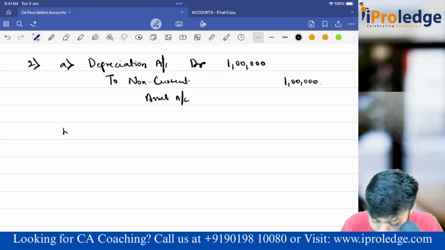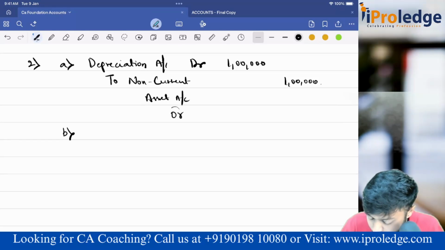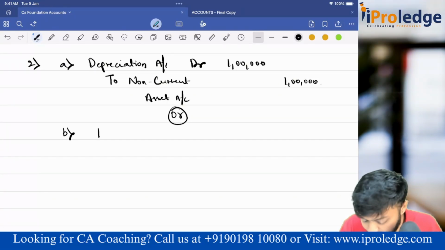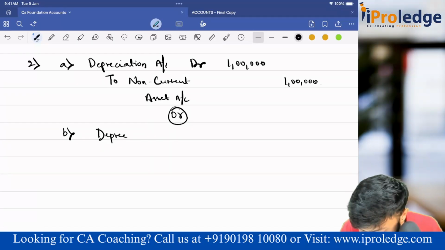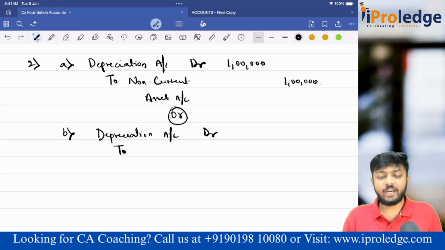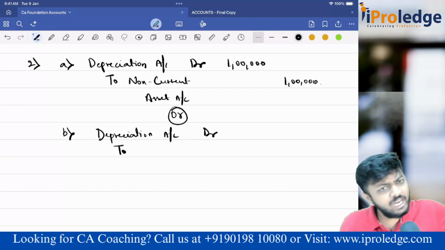Done. One more possibility for depreciation. Depreciation is an expense increasing, debit, same thing as above. To, here, instead of crediting the non-current asset, I will not touch the non-current asset account. I'll leave it like that only.